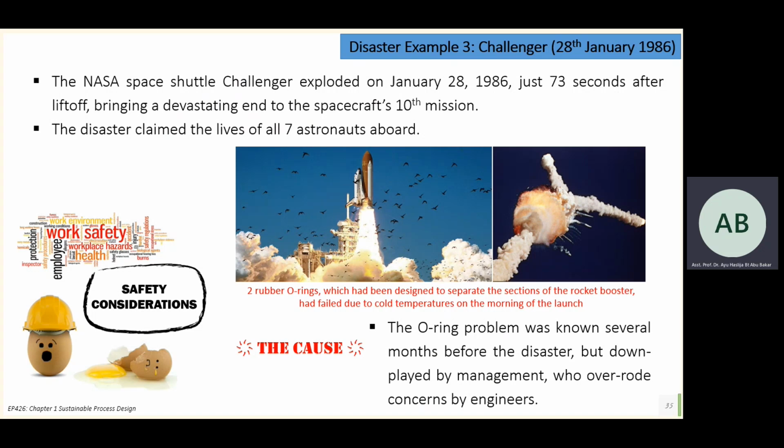Okay, it exploded just 70 seconds after the lift-off. All astronauts dead. Astronaut, you know, it's not easy to get astronaut. Okay, right. So the cause, because of the O-ring problem, was known several months before the disaster.